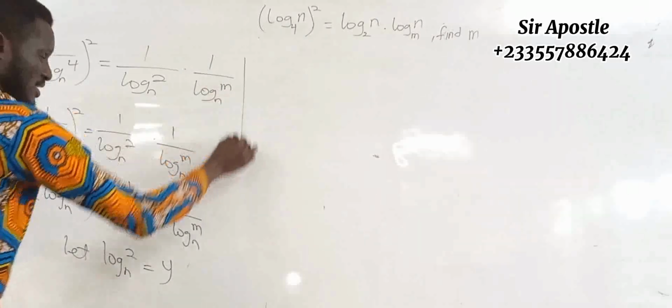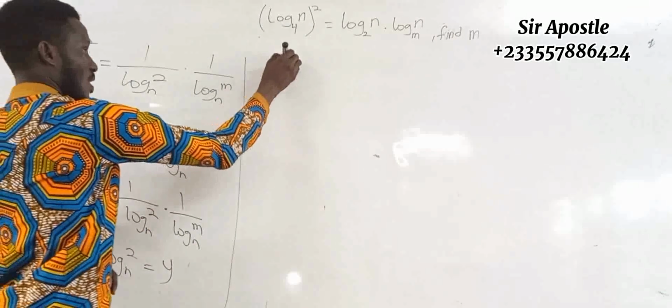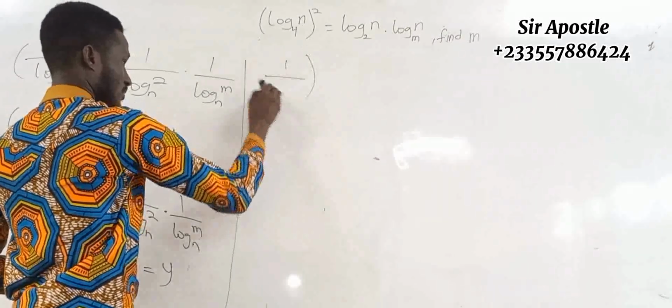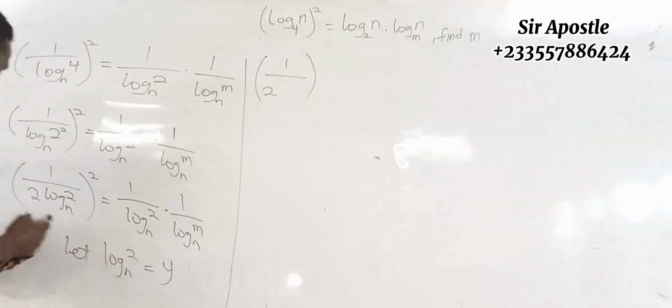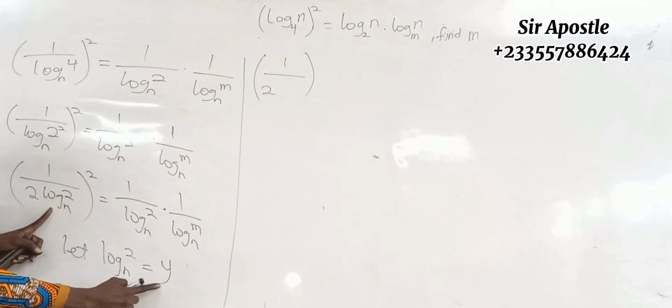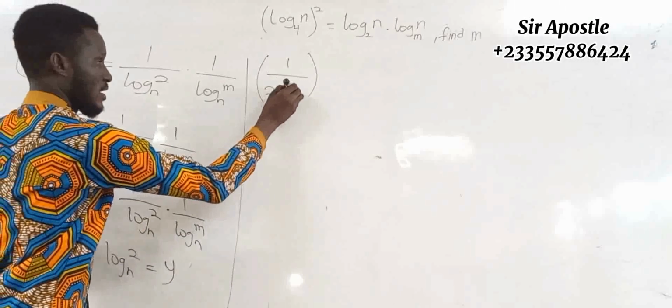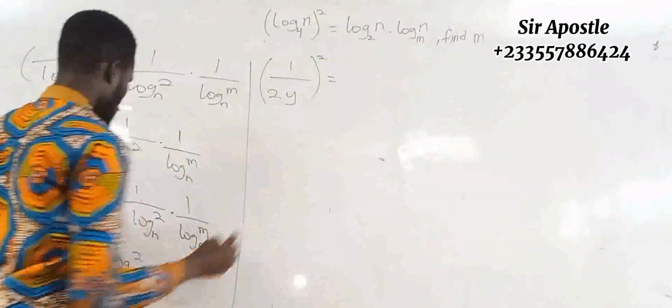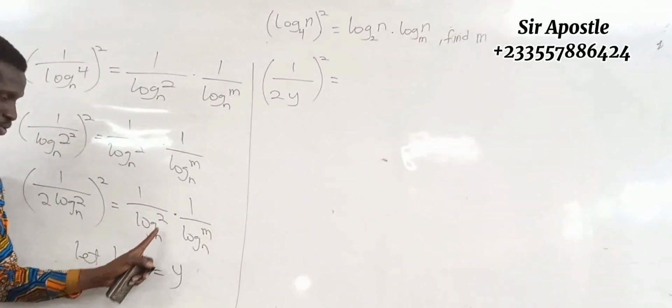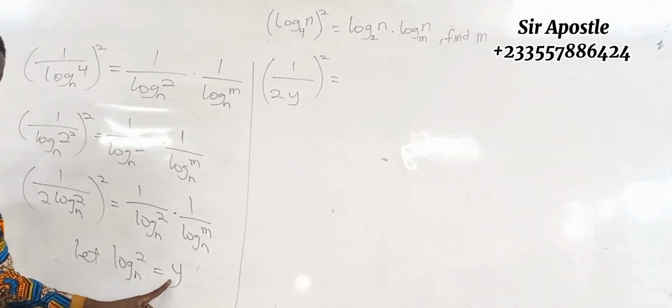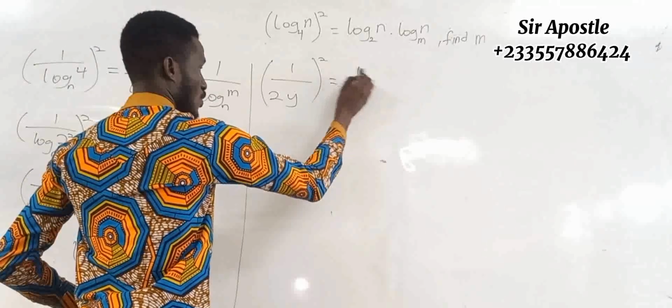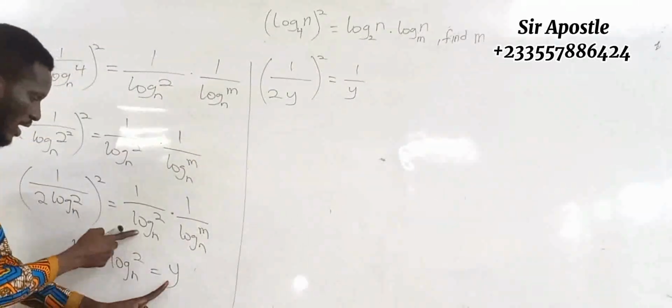So proceeding, it will give us 1 over 2 log 2 base n. Log 2 base n is y, so (2y) all squared equals 1 over log 2 base n. Log 2 base n is y, so that gives us 1 over y, so put a y here.